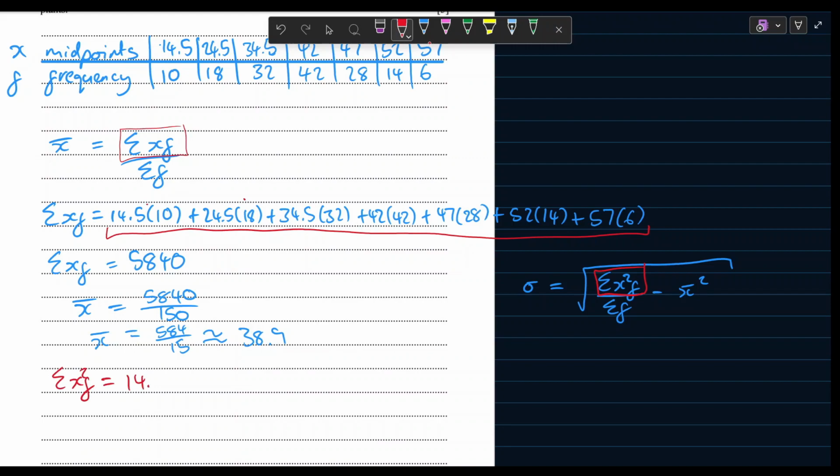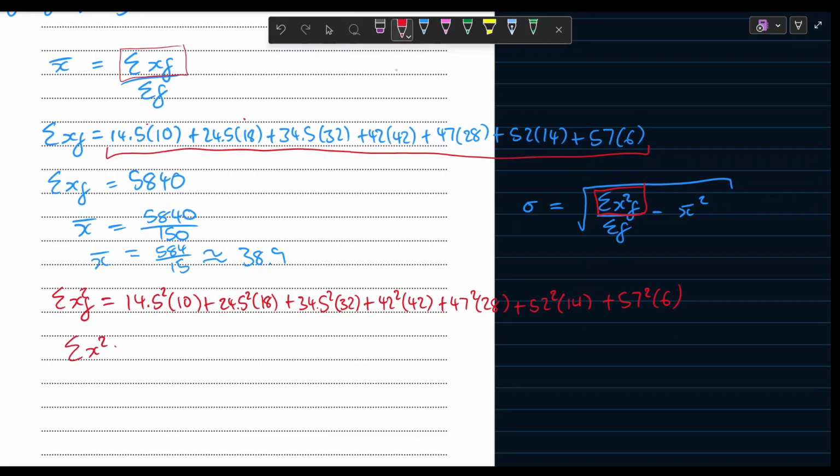It's going to be 14.5 squared times 10 plus 24.5 squared times 18 plus 34.5 squared times 32 plus 42 squared times 42 plus 47 squared times 28 plus 52 squared times 14 plus 57 squared times 6. So that's the summation of x squared f.